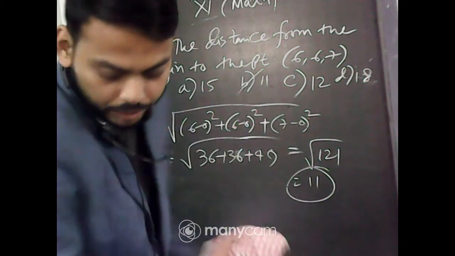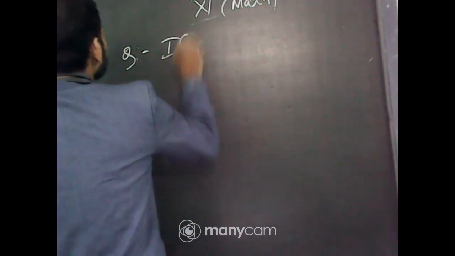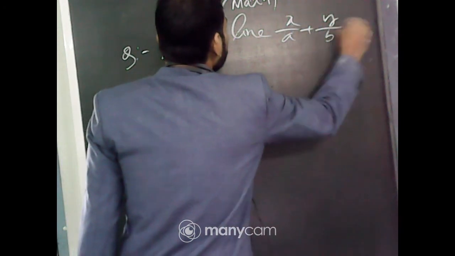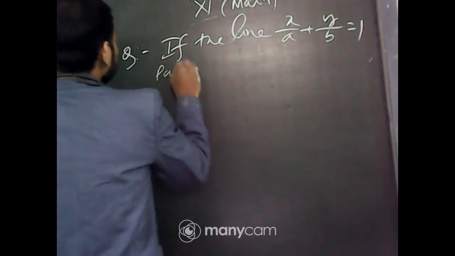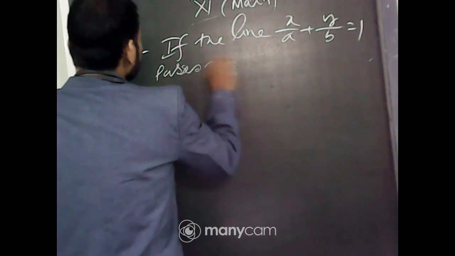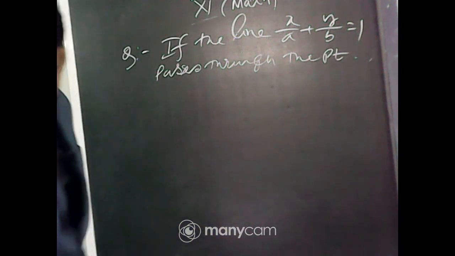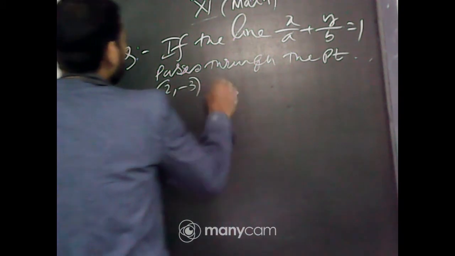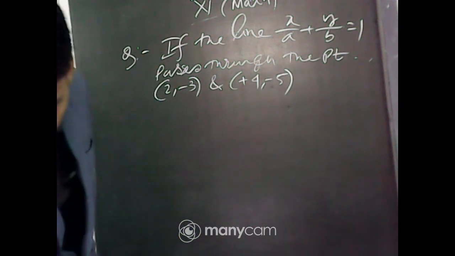Now, today's last question. If the line x by a plus y by b equals 1 passes through the points (2, minus 3) and (4, minus 5), then a plus b equals to.